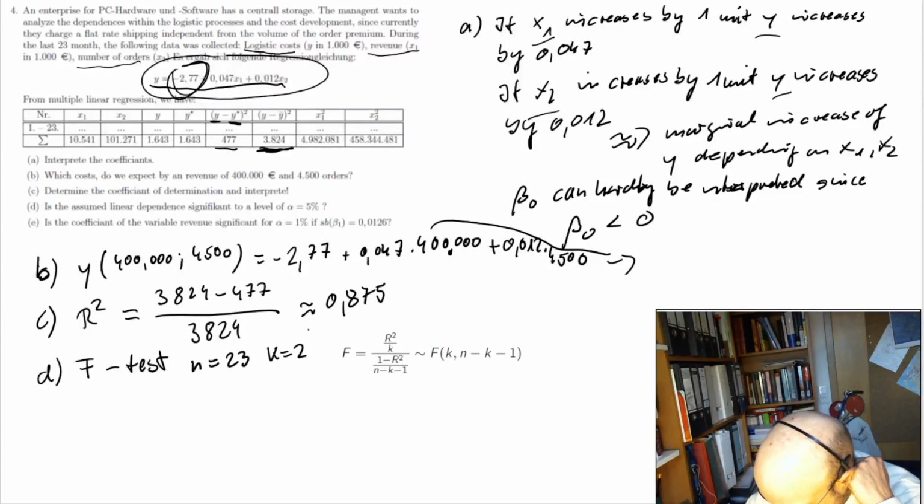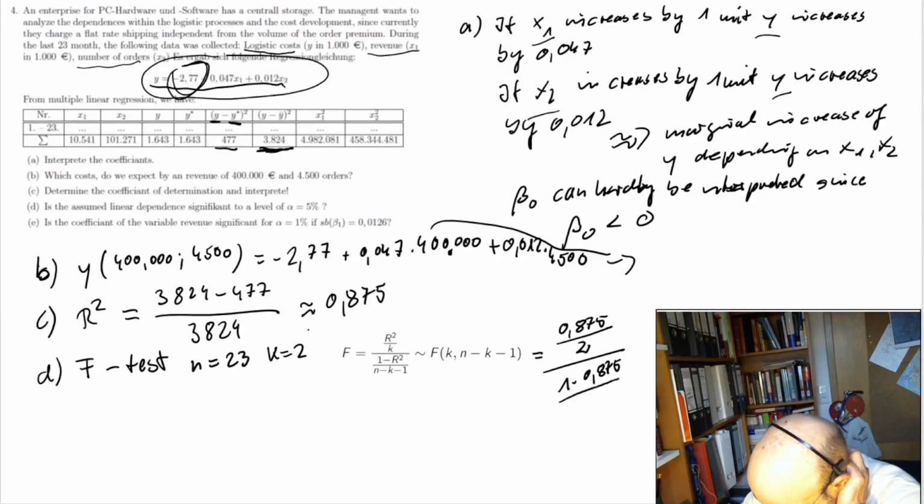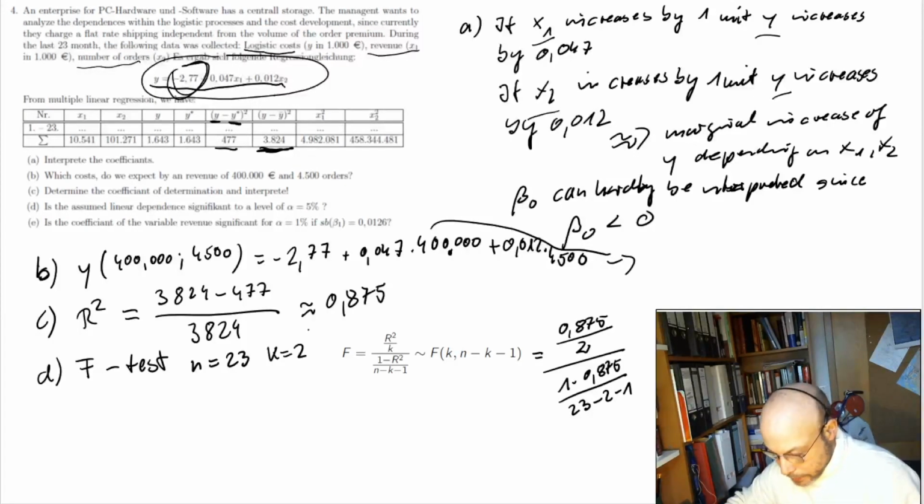Then F in our case is 0.875 over 2, divided by 1 minus 0.875 divided by 23 minus 2 minus 1.